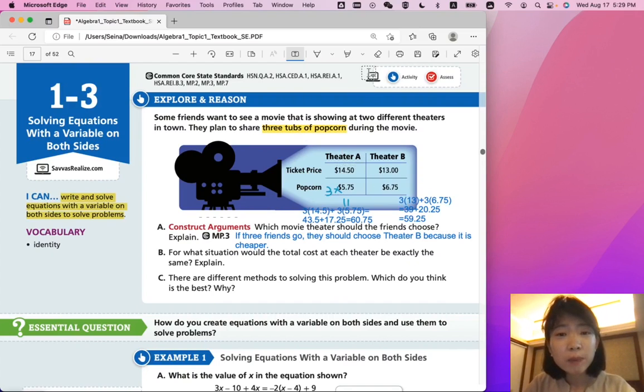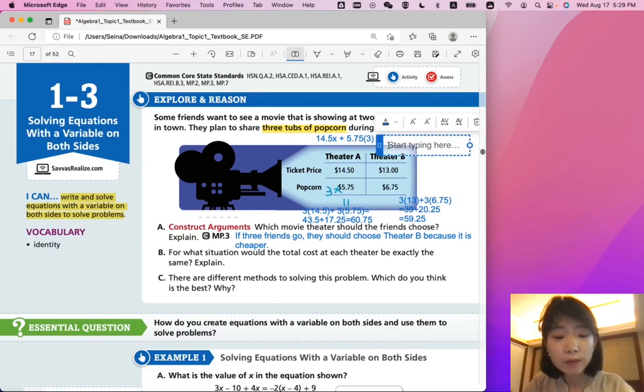So depending on the number of people going, theater A would have an equation of 14.5 times x plus 5.75 times 3, because the 3 tubs of popcorn doesn't change. Theater B would have 13x plus 6.75 times 3.